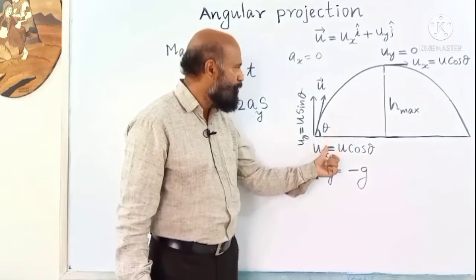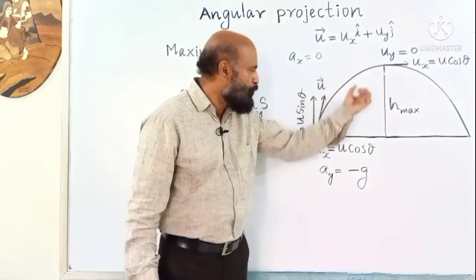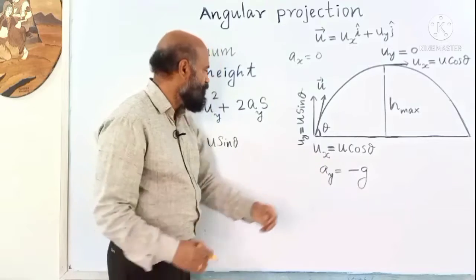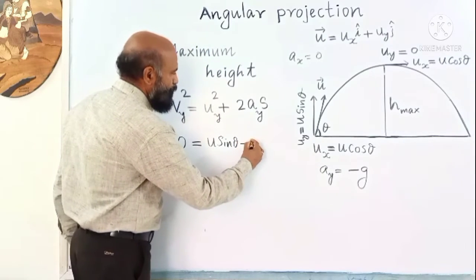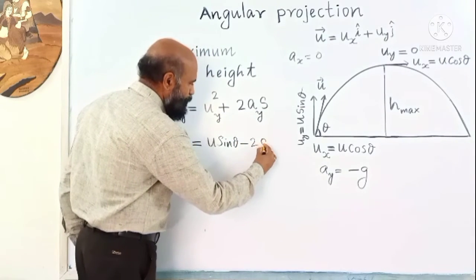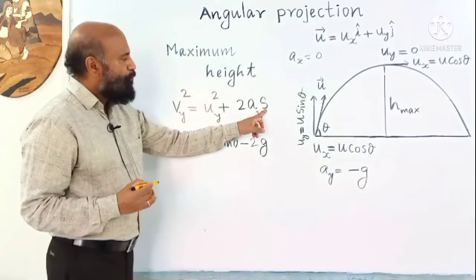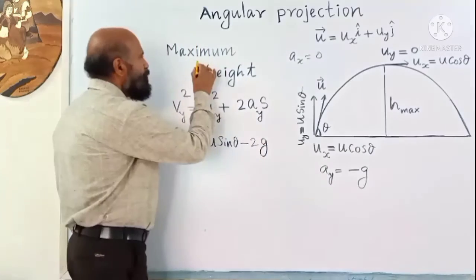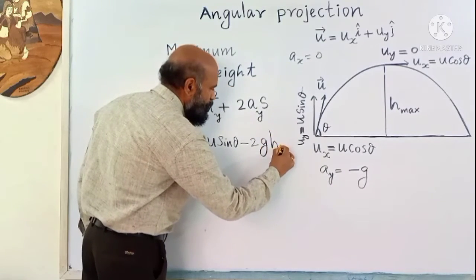Motion is in the upward direction, acceleration due to gravity is in the downward direction. So instead of ay we can write minus g. So minus 2g. Instead of s we can write h max. Our aim is to find out maximum height, h max.